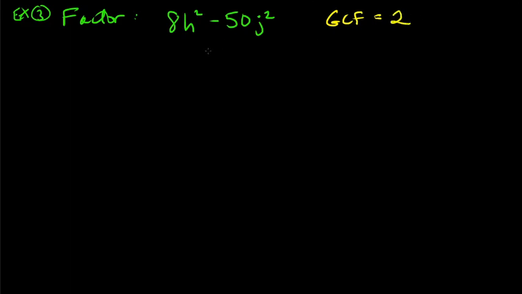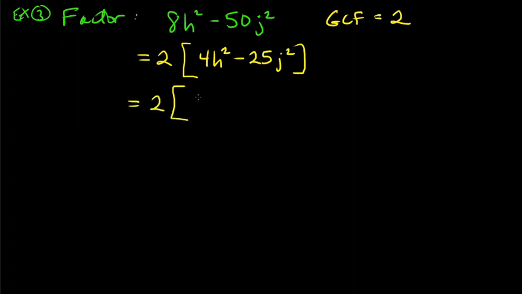So the GCF here is 2. If we factor out the 2, we're left with 4h squared minus 25j squared.